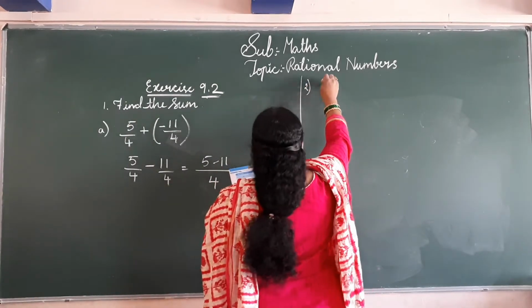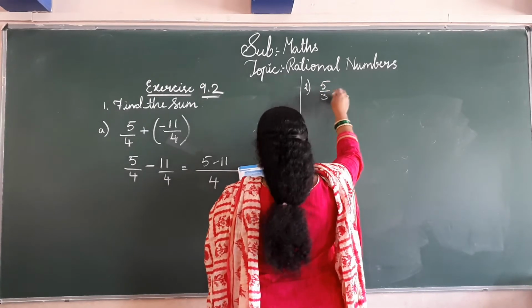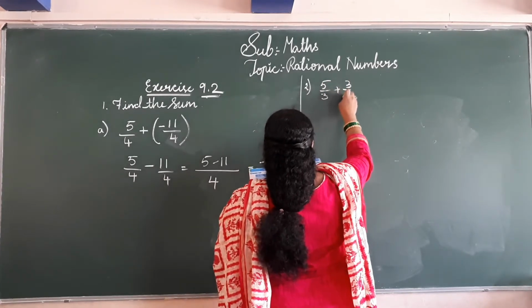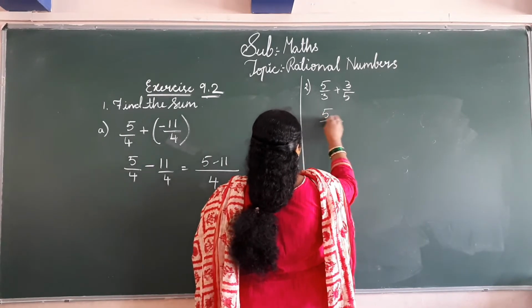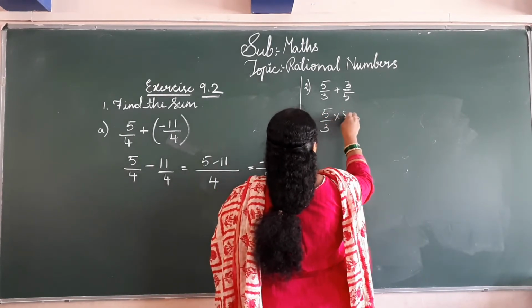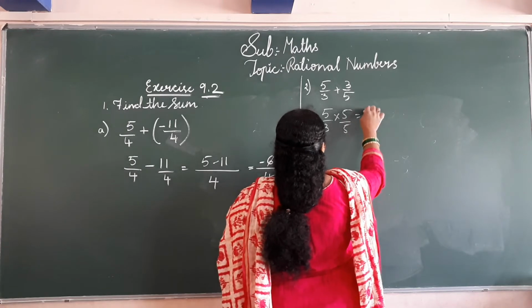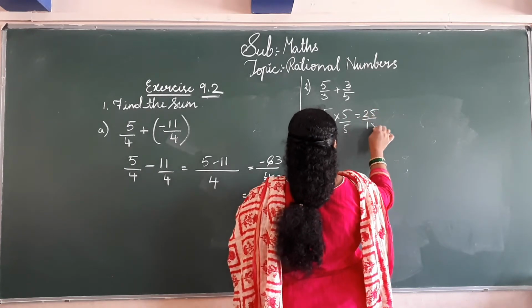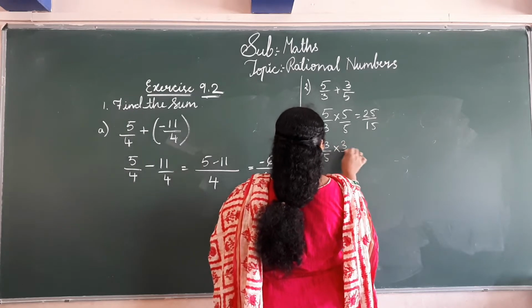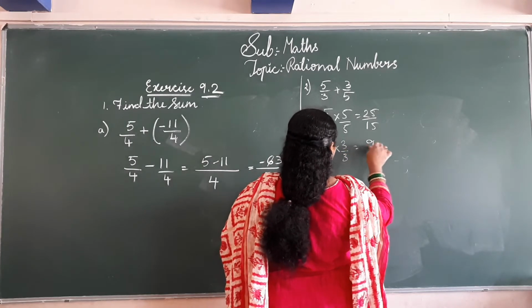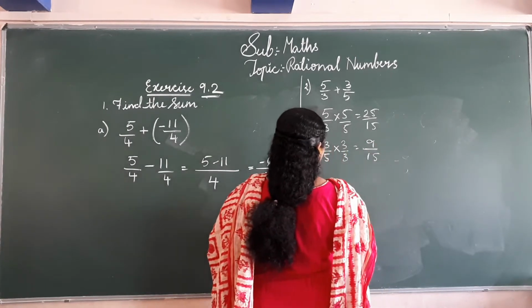Second one is 5 by 3 plus 3 by 5. Again here we have to find out the equivalent. 25 by 15 plus 3 by 5 into 3, that is 9 by 15.